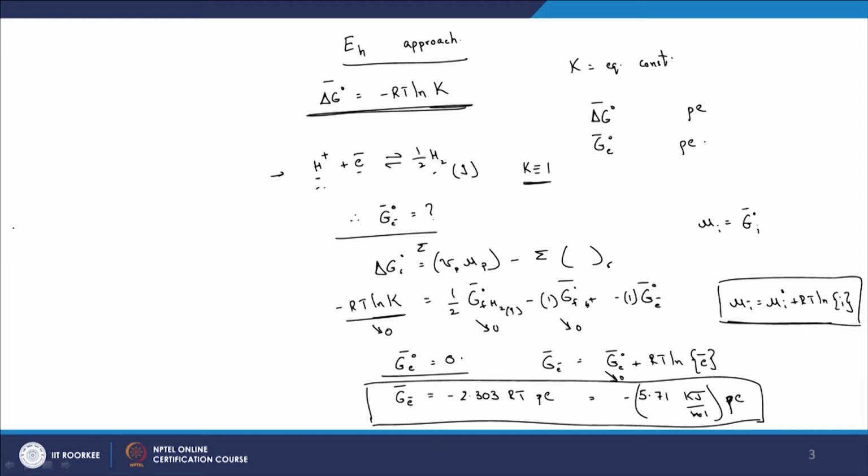Before we go further, there is one other aspect that I need to write up here. Another approach that we need to also consider obviously is the EH approach. Here people might be familiar with this concept of the molar electrical energy, and that is going to be equal to the product of the charge, electric potential and Faraday's constant, right.